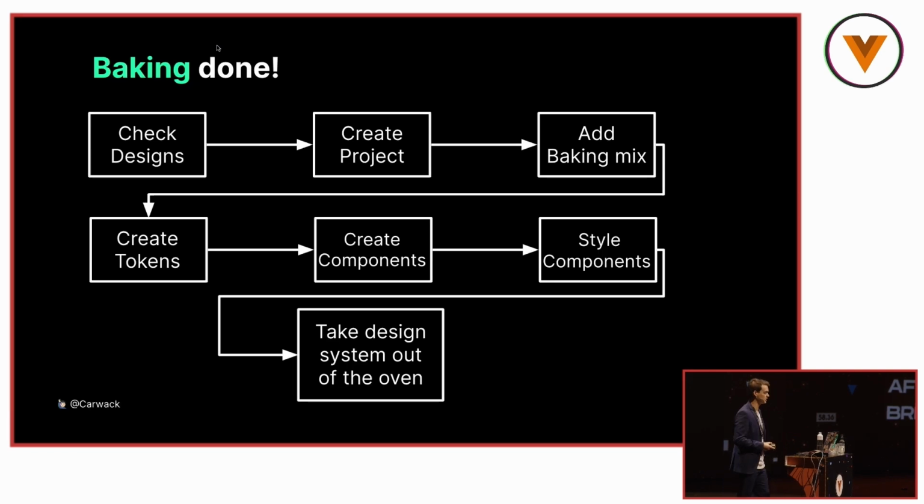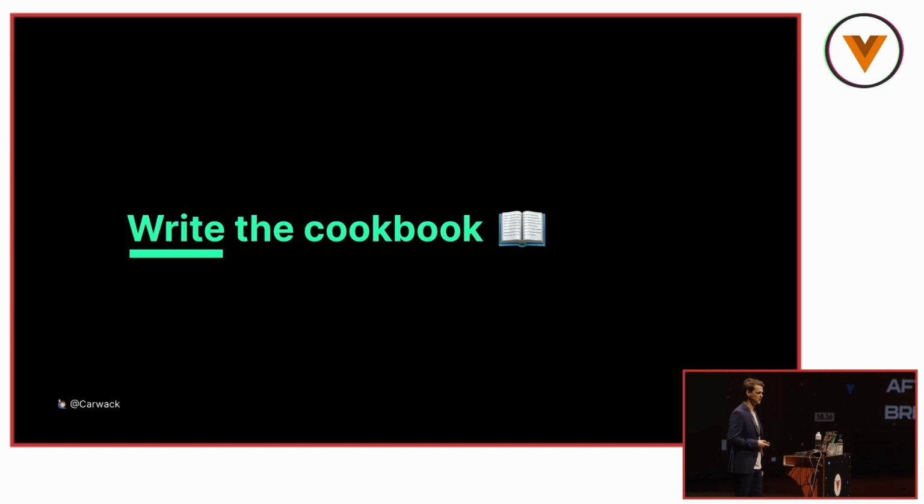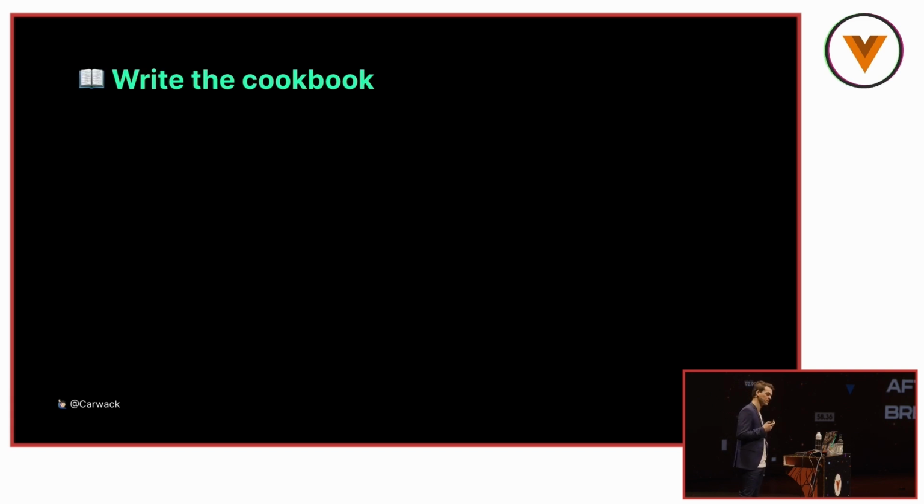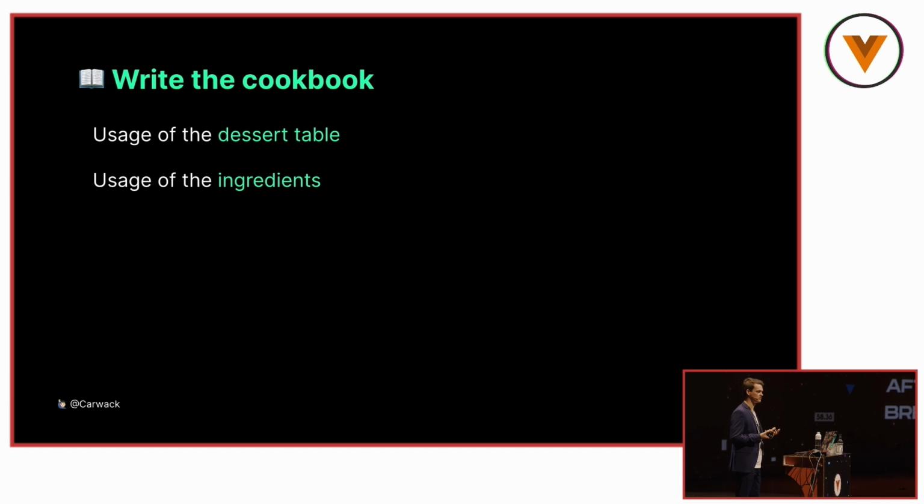Now, the last thing that we need to do is take the design system out of the oven and ship it, right? Are we good? Now, there is one more step that we need to do, and that is we need to write a cookbook. We need documentation. It's important to let the users of our design system know how to use the design system, how to use the tokens in there, like the colors, and when to use them.